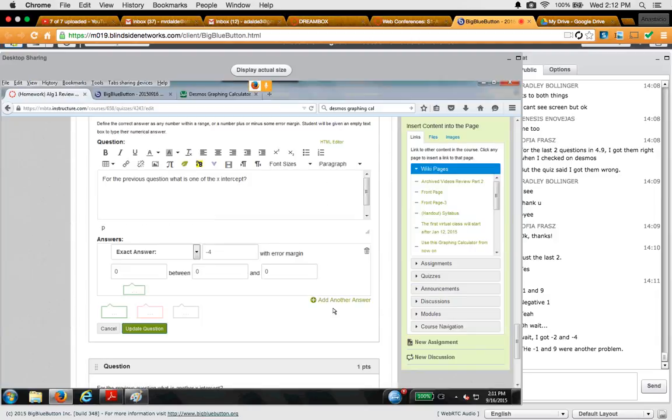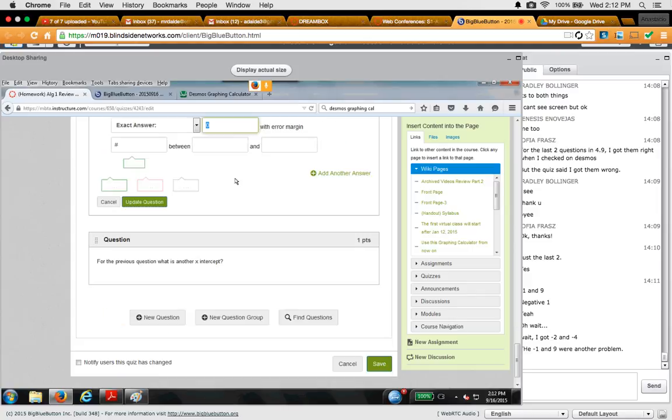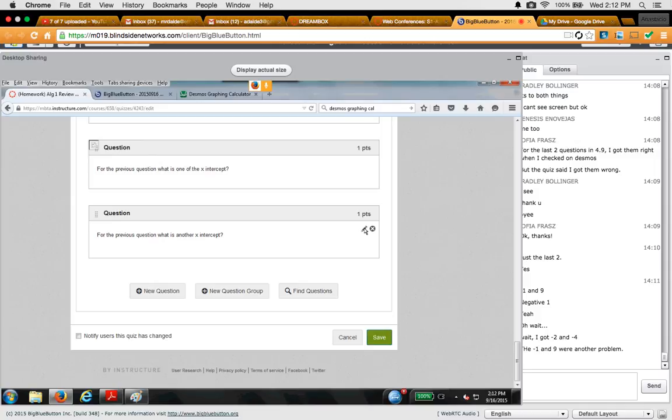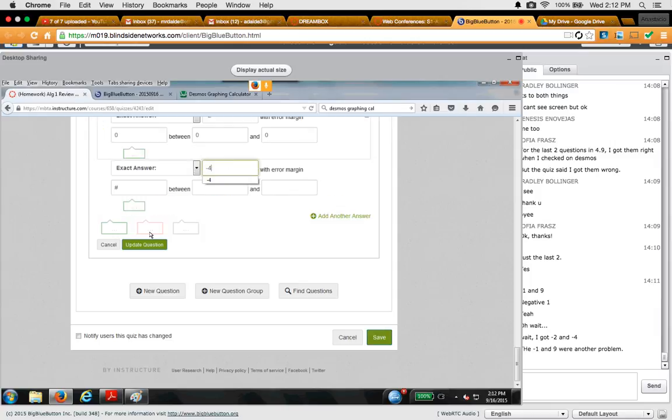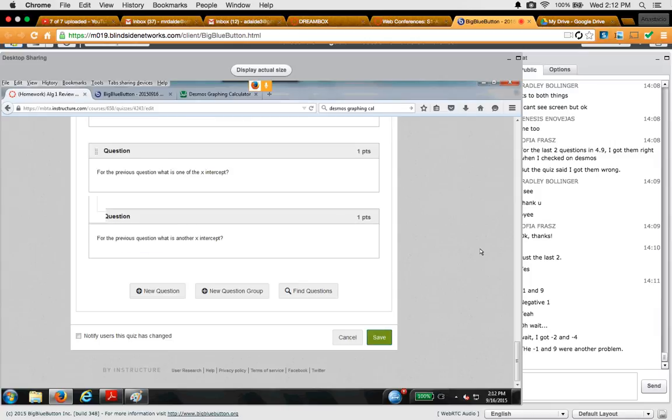Oh, I see. Usually what I do is I tell the computer you can either give them a correct point if they put in -2 or -4, and I do that twice. This time I accidentally only put -4 up here and -2 down here.